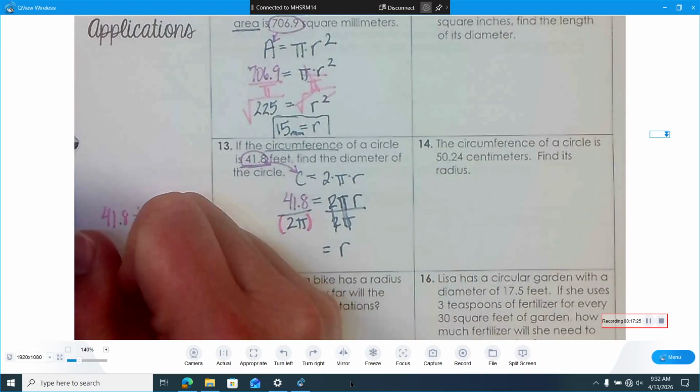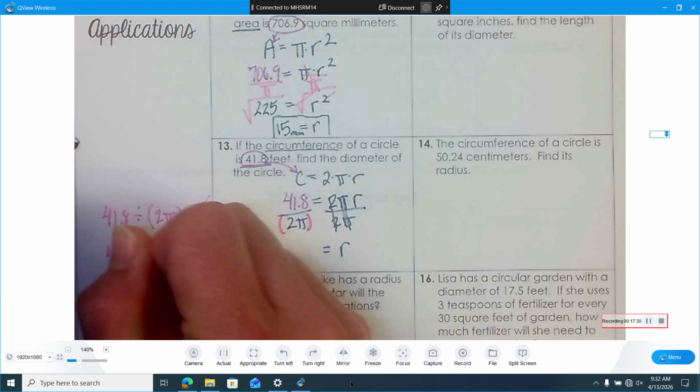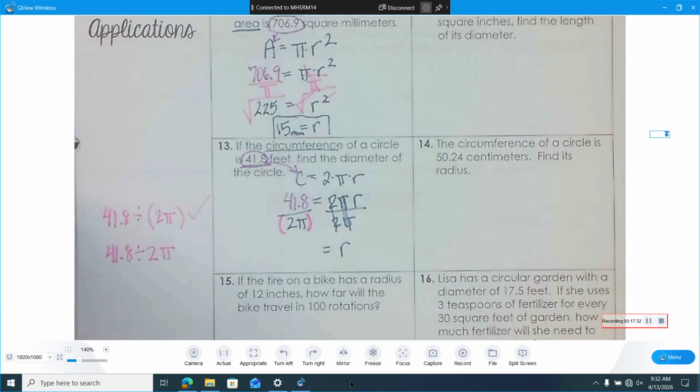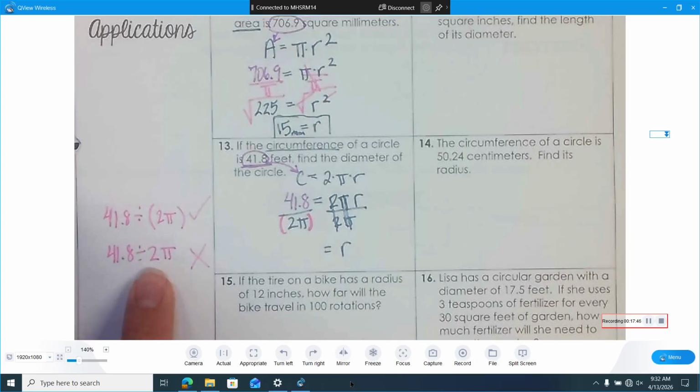In your calculator, if you type in 41.8 divided by 2 pi like that, you're going to get the wrong answer. Why? They're not the same. What the calculator is doing is exactly what you're telling it to.